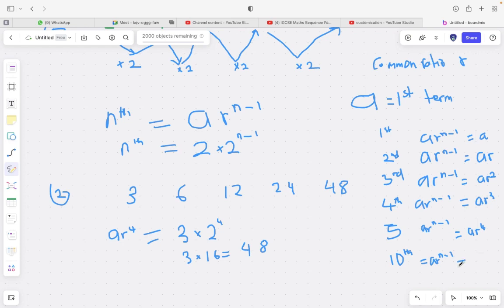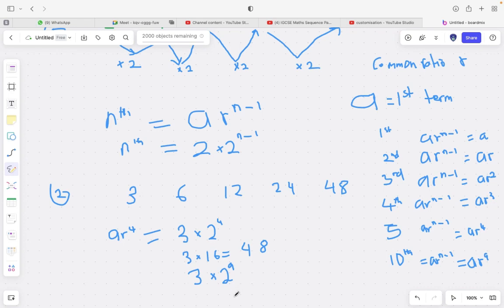So we have ar to the power of 9. Now if we want to evaluate it, then we will say 3 times 2, common ratio is 2, to the power of 9. 2 to the power of 9 is what? Can someone evaluate? Quickly, what do you get?